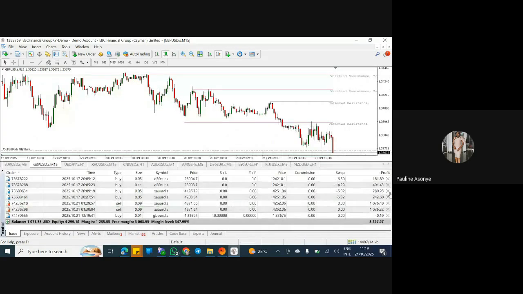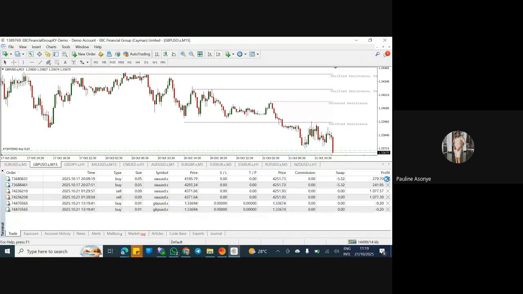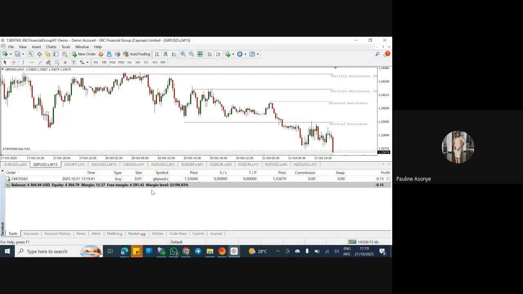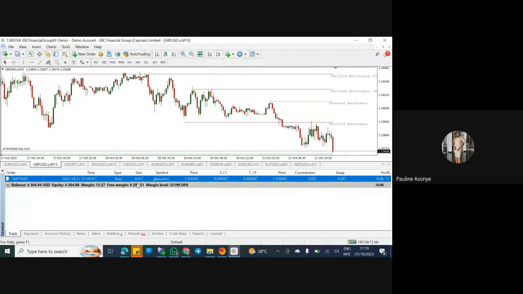I think I need to close all these trades so that we will be able to determine what we are doing currently. So you can see this is GBP USD. This is the trade I just placed, buy on 0.01.